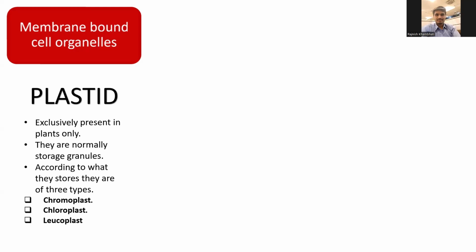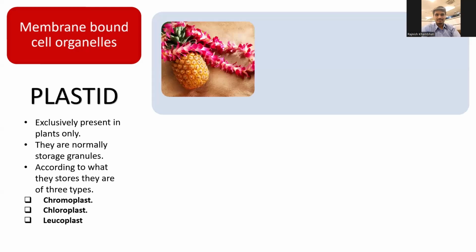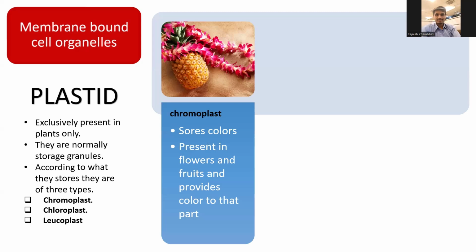Now let's see the types here. First, chromoplast. The chromoplast means they store colors.